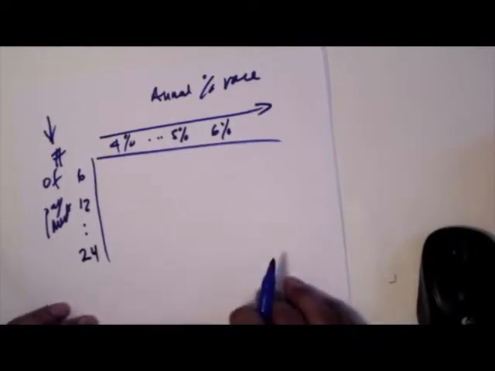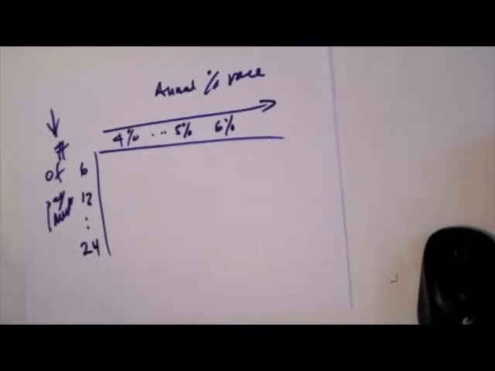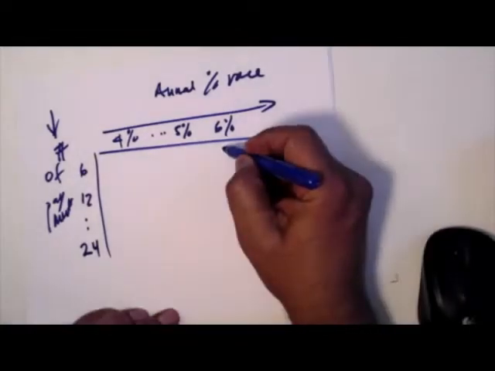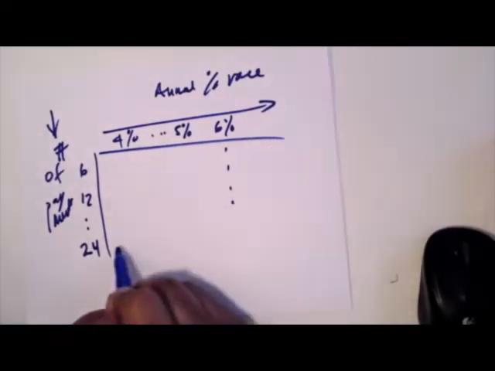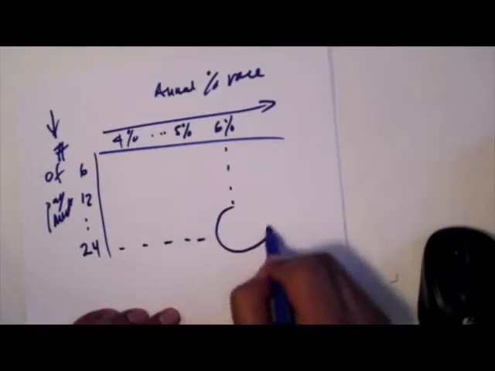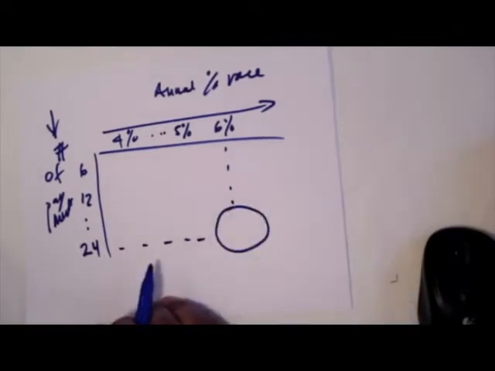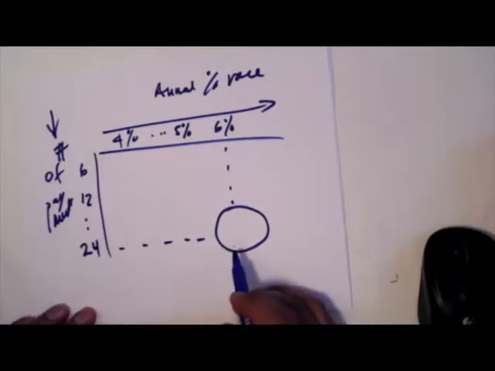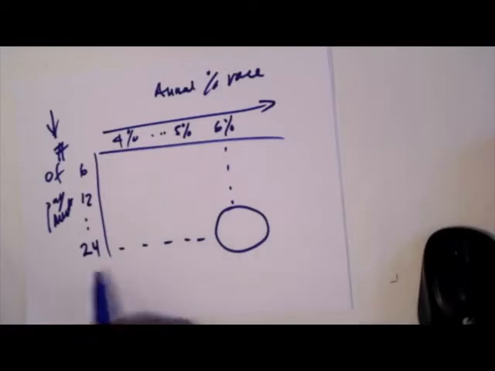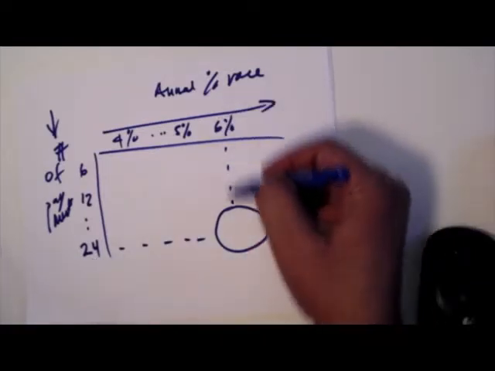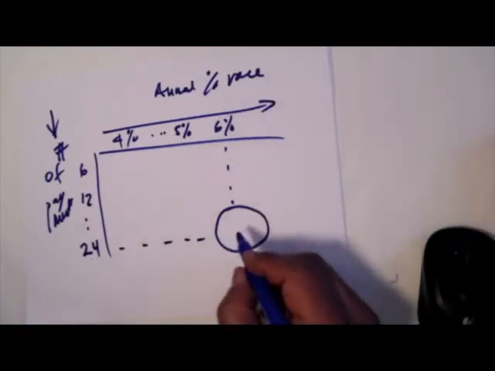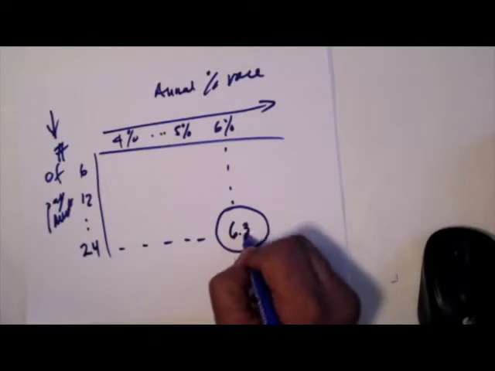And then you need to intersect these two lines. Wherever they intersect, that will be the finance charge per $100. This is important. So for 24 payments at 6%, on the table you'll see something like 6.37.